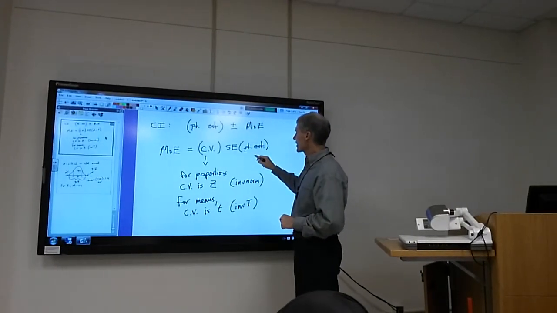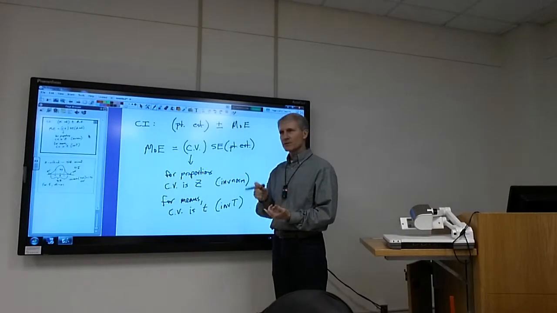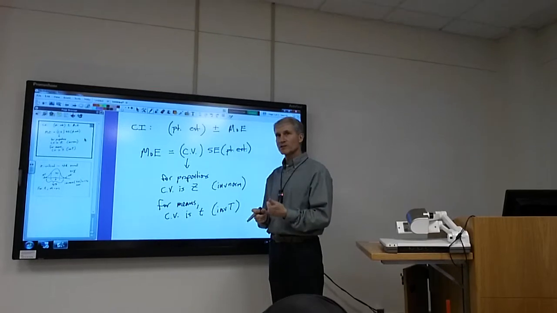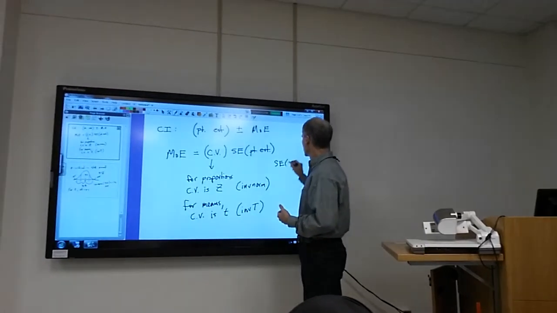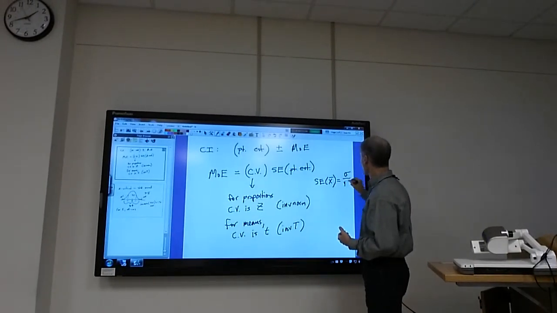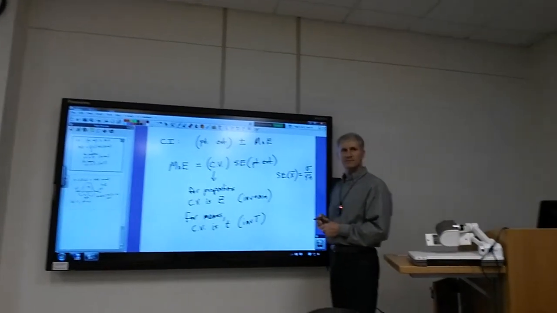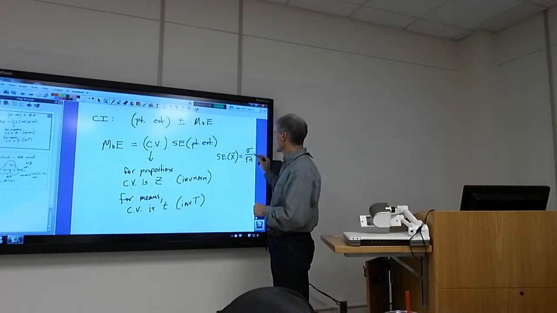And then standard error, you've got formulas for standard error, depending on what kind of problem it is. If it's a means problem, and it's one sample, then standard error of x bar is sigma over the square root of n. Right? We did this last time a little bit.